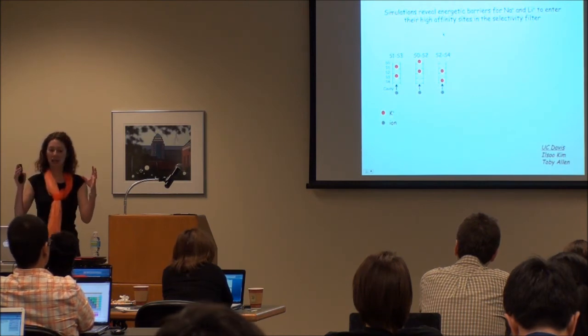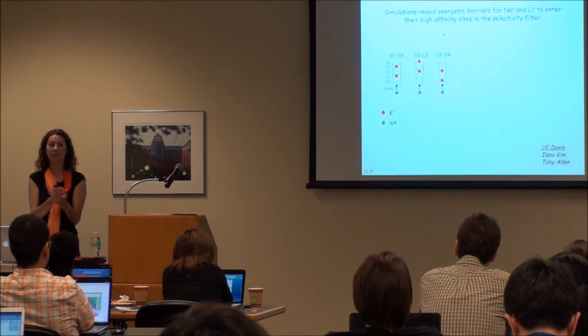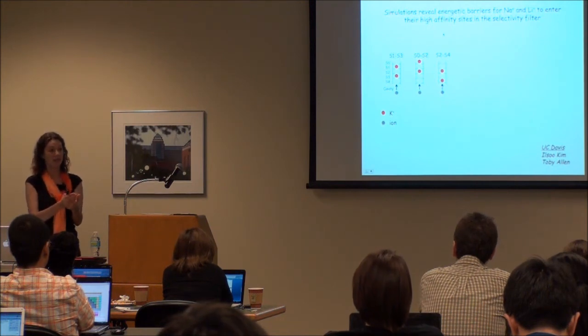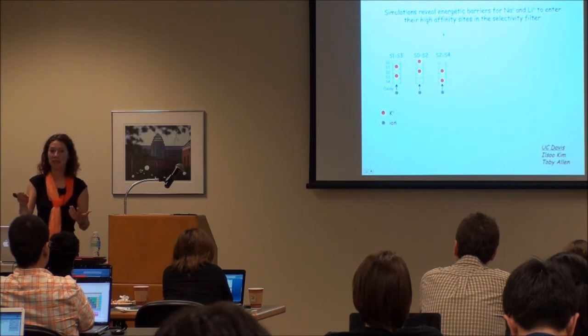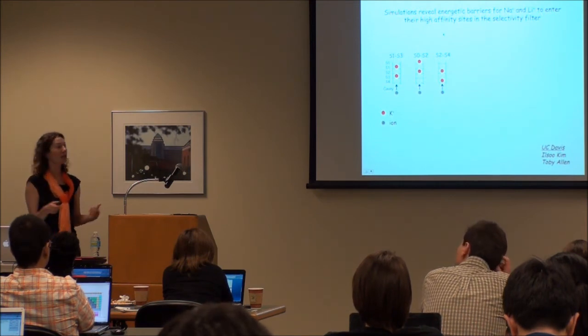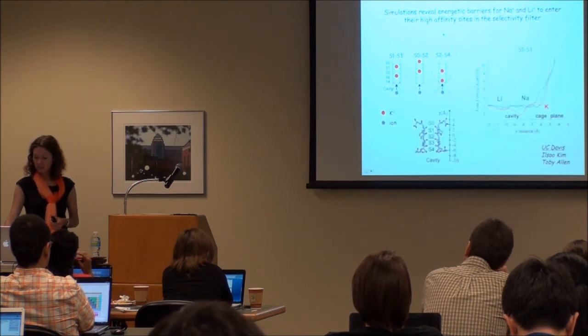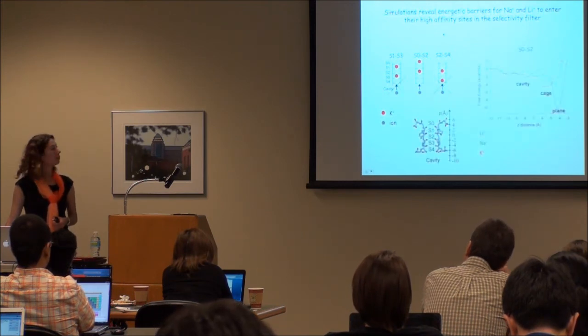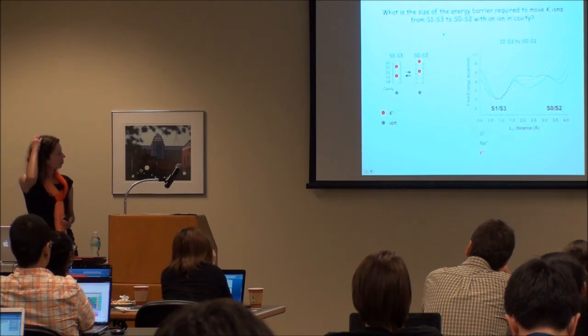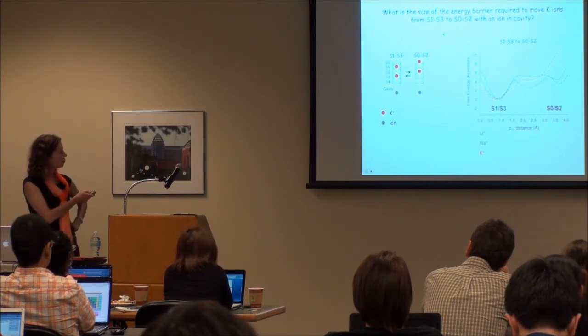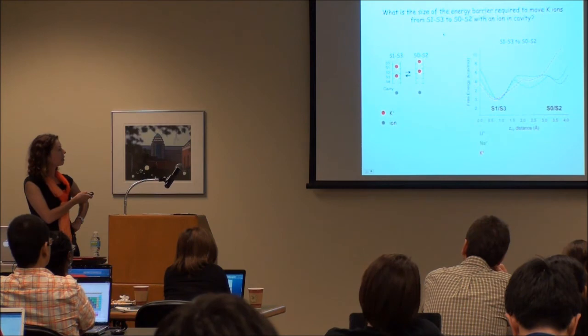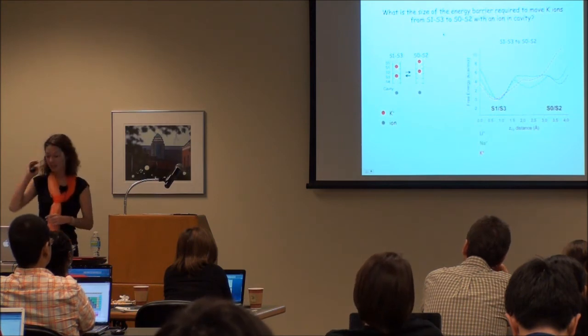So then we said, okay, if there is a binding site for lithium and sodium inside the selectivity filter, that means that it's favorable, but it can't get there because of an energy barrier. And we calculated the energy barrier using, again, molecular dynamics. Basically, we found out that in order to move ions from here to here, it requires about 45 kcal per mole.